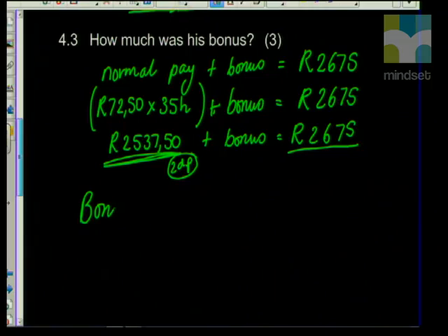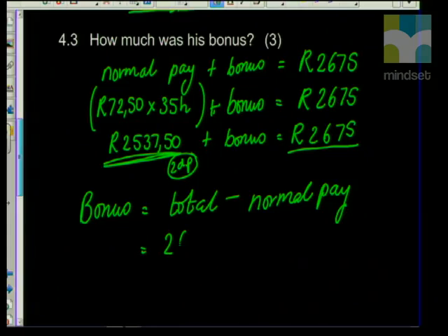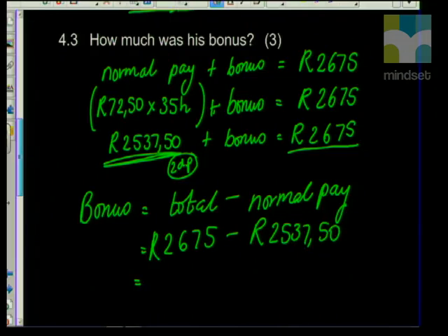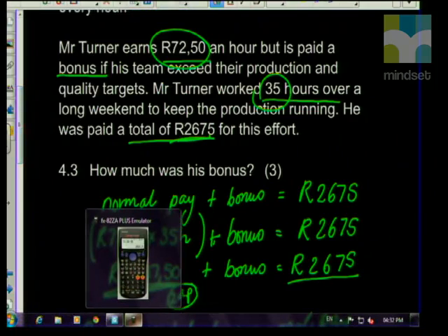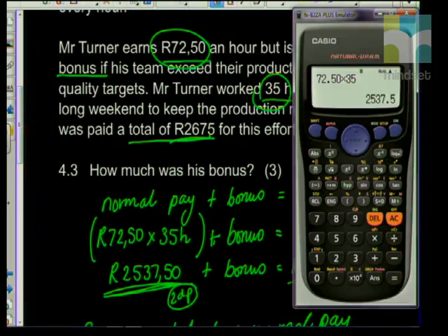So my bonus is equal to the total minus my normal pay, which is 2,675 minus my normal pay of 2,537 Rand 50, which when I do this on my calculator is going to give me 2,675 minus 2,537 Rand 50.